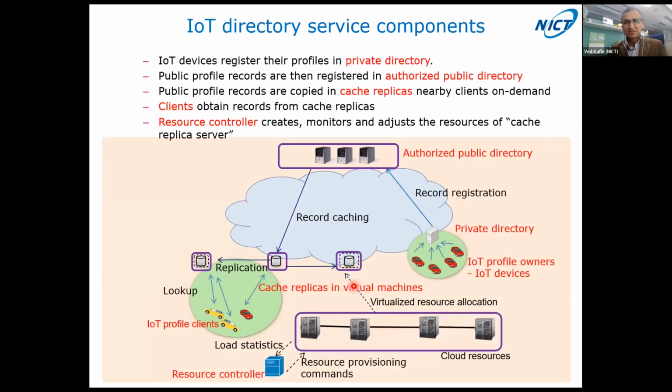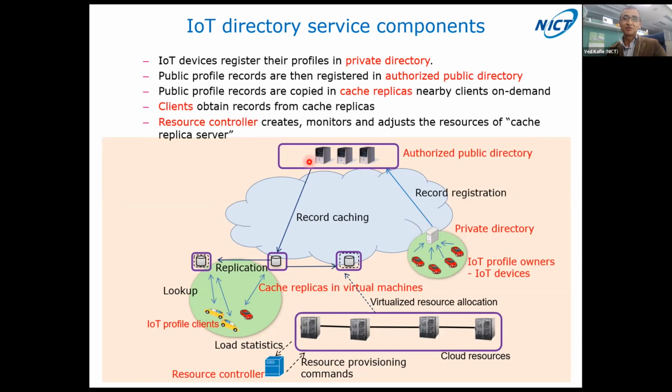And to address those limitations, we have proposed an IoT directory service system like this. In this case, the IoT devices first store their information or profile records in a private directory service system. In this private directory system, we have a filtering mechanism which filters private information, and the public information can be stored in an authorized public directory service system.